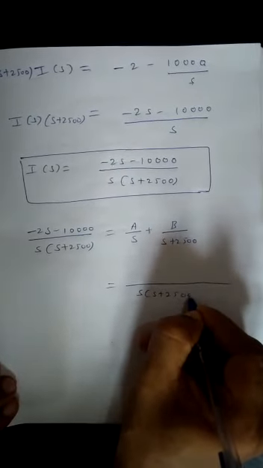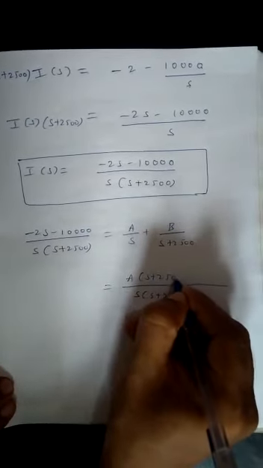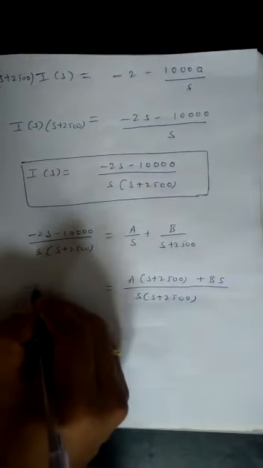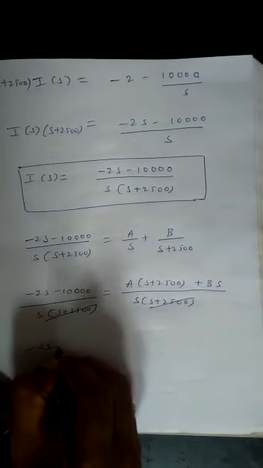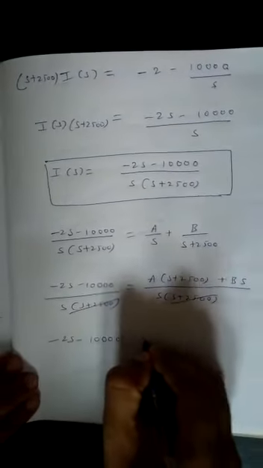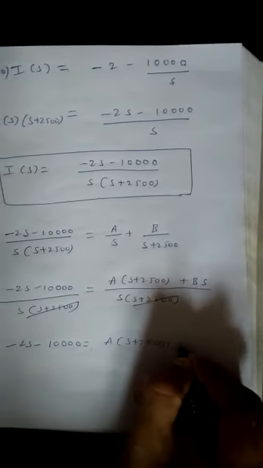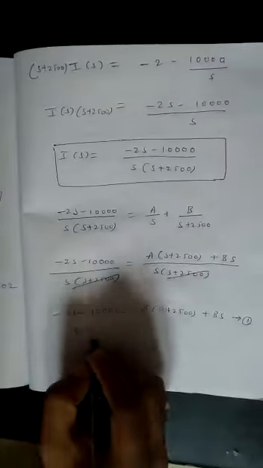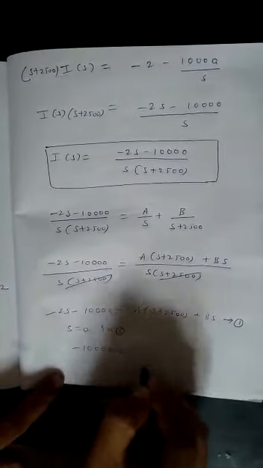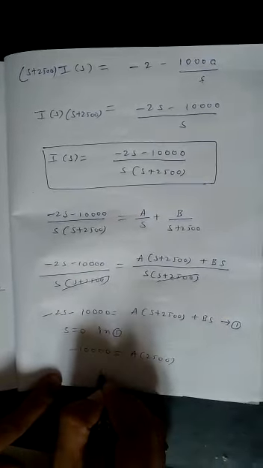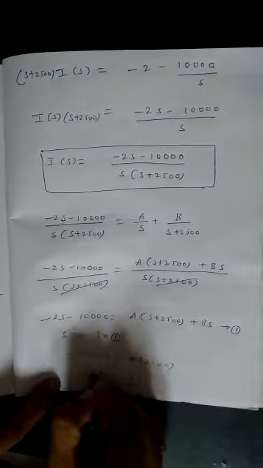The LCM is the same as the denominator in the given function: A into s plus 2,500 plus B s, others cancel, so the remaining is minus 2s minus 10,000. Put s equal to 0 in equation number 1: minus 10,000 equal to A into 2,500, so A is minus 4.